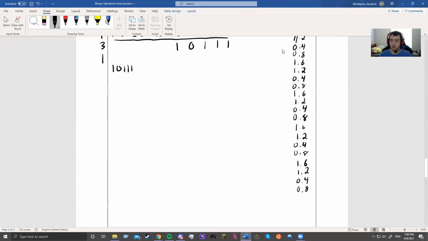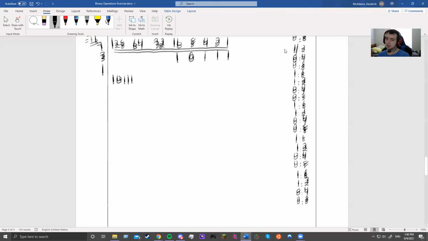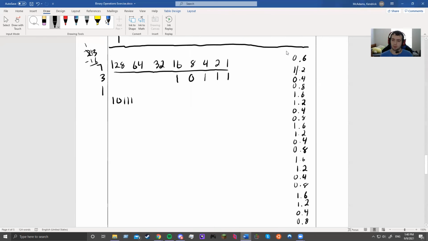All right, guys, so now we've got 20 digits. So we're going to do the same exact thing that we did last time. Remember, we read it from top to bottom, and then we put whatever that was down here. So from top to bottom, 0, 1, 0, 0, 1, 1, 0, 0, 1, 1, 0, 0, 1, 1, and we're going to keep doing that. 0, 0, 1, 1.